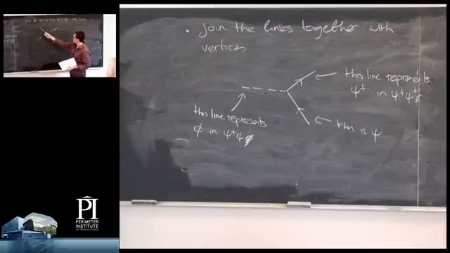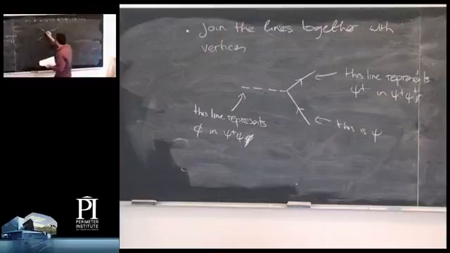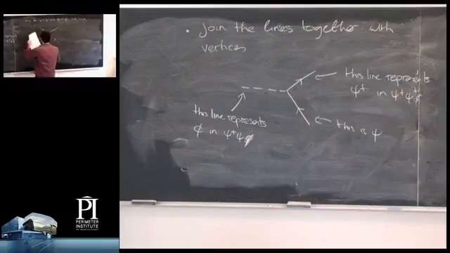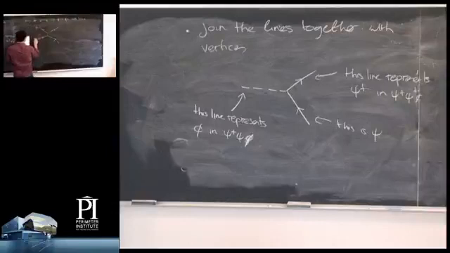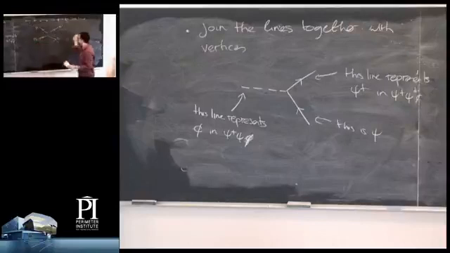So this is 2 incoming psi particles, this is the 2 outgoing psi particles. Somehow I've got to join all this together. So this is one way I can join it together. I should also label these. It's useful to know which particles we're talking about coming out, so we'll label them with the momentum that we've chosen for those particles.